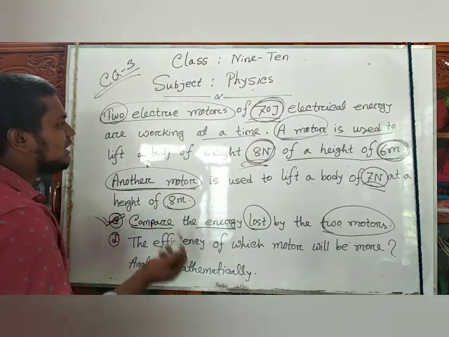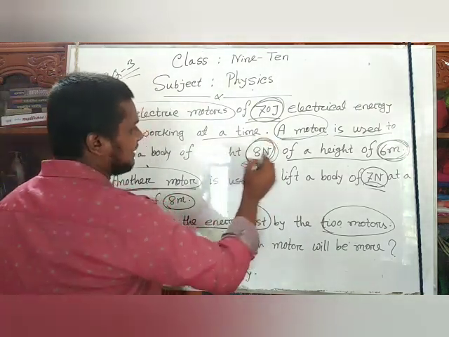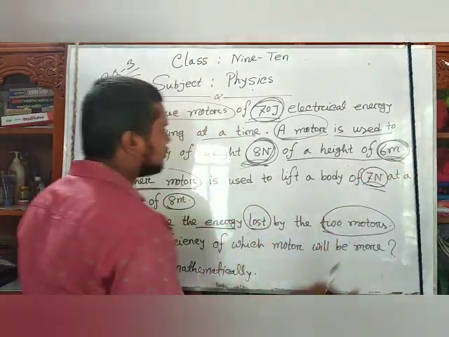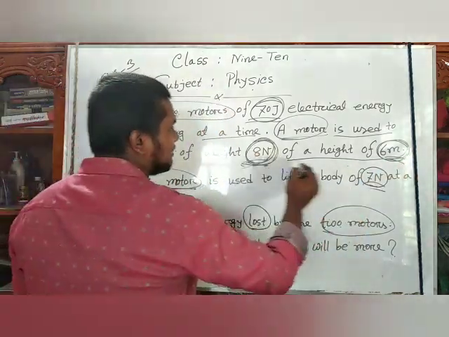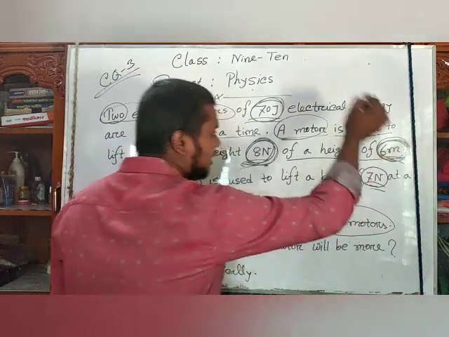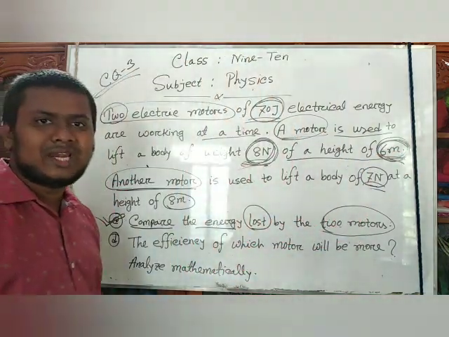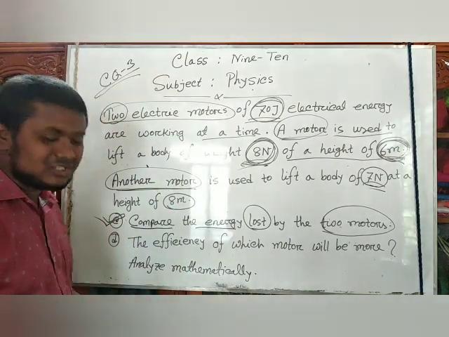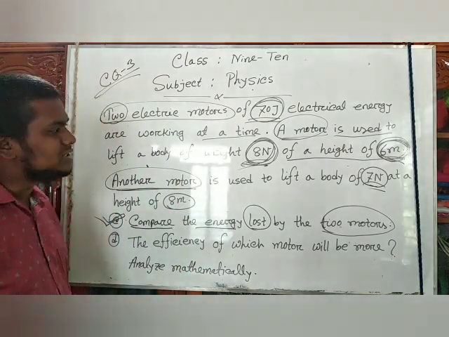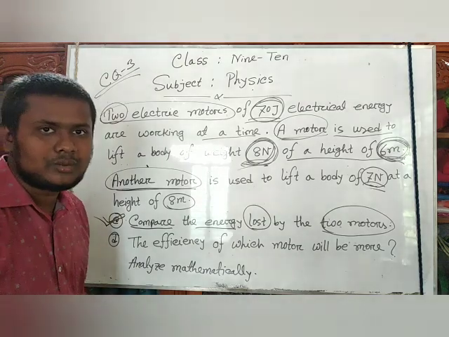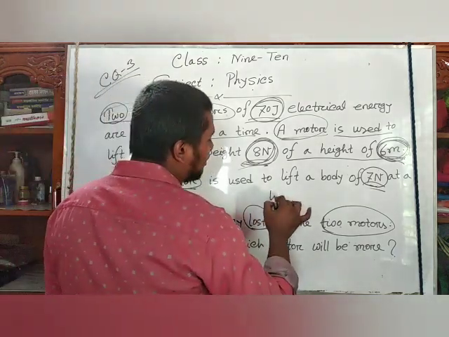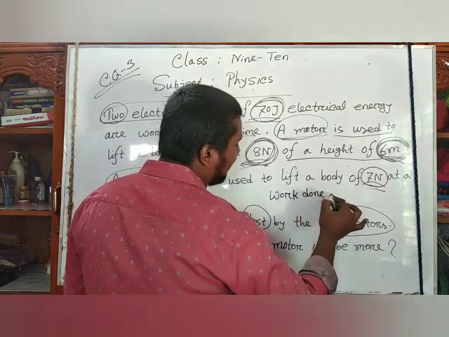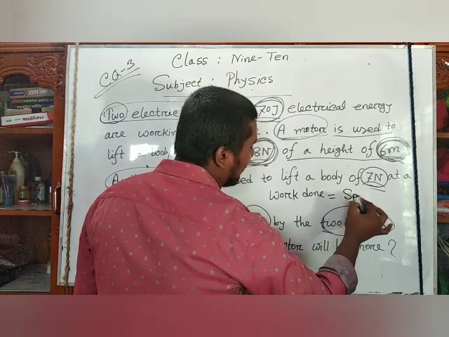The first motor lifts a body whose weight is 8 Newton and the height is 6 meter. Dear students, you know that if we multiply weight and height, then we find out the energy or work done. You know that from lecture 1 we get a formula: the work done is equal to spent energy.